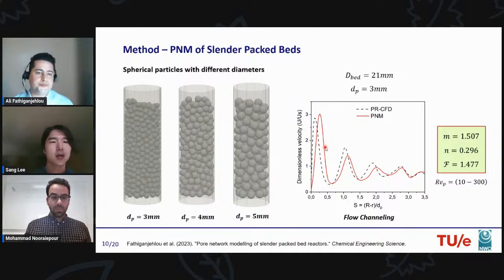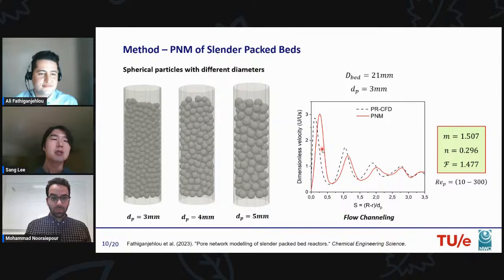I see. Since you mentioned the column wall, I had a follow-up question related to that. In the later part, you mentioned the flow distribution showing a higher flow velocity near the column wall. I'm not so familiar with the packed bed reactor system, and when I normally think of flow in a conduit, I think of a parabolic distribution of flow, with the center part having the higher flow velocity.